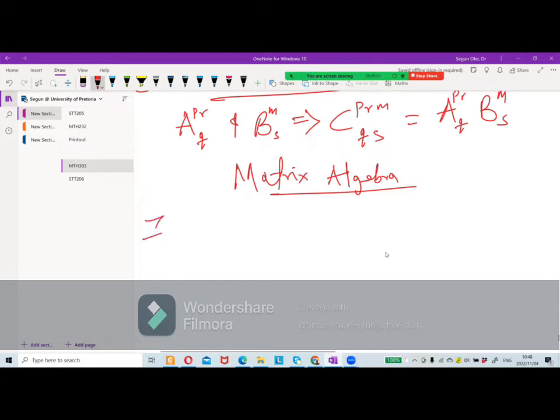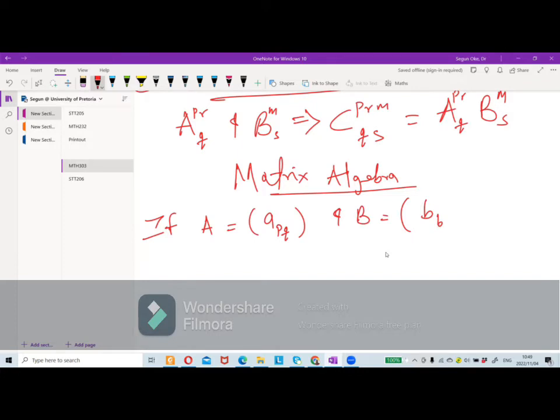For the matrix, if A is equal to A PQ and B is equal to B PQ are matrices having the same order m by n, then number one, A equals B if and only if A PQ is equal to B PQ.